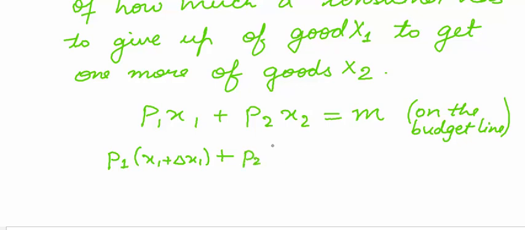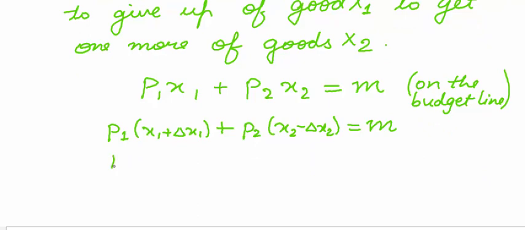So P2 times X2 minus delta X2 will be equal to the income of the consumer. Since the income of the consumer is not changing and even the prices of both goods are the same, we cannot increase the quantity of a good without decreasing the quantity of the other good.